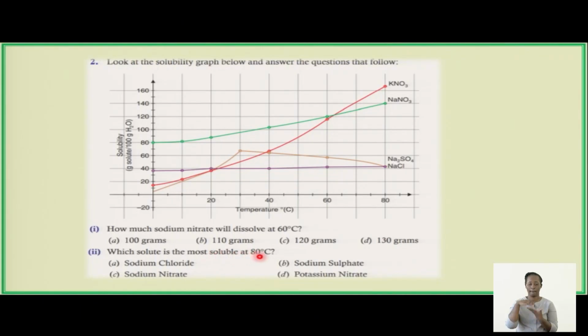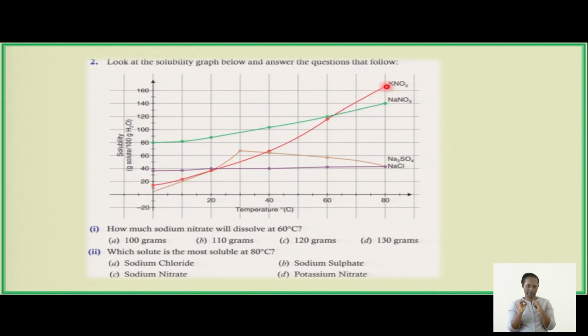Most soluble at 80 degrees. Which one is that? Where is 80 degrees? 80 degrees is here. So if we go up, we find that the one which has the highest point is potassium nitrate. You can see its solubility is more than 160.